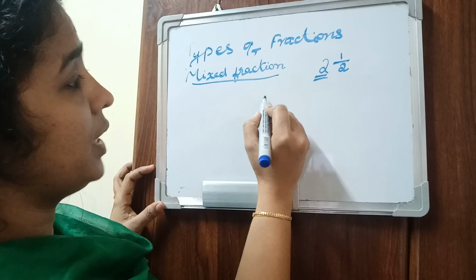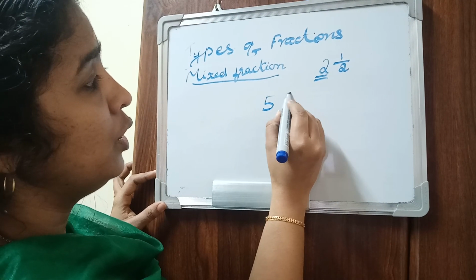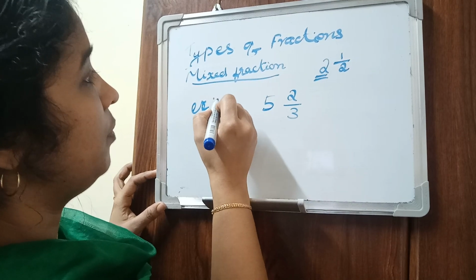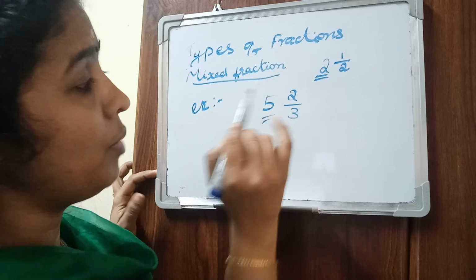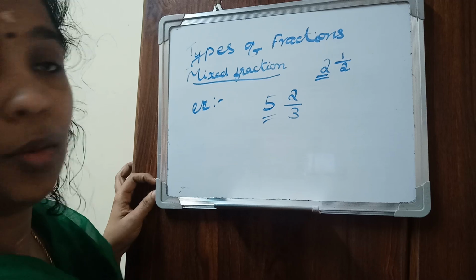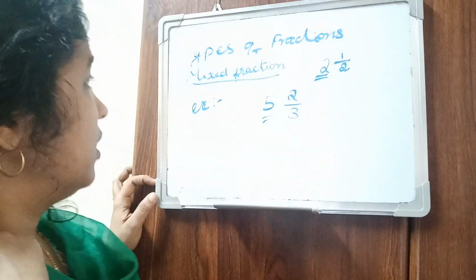Another example is 5 and 2 by 3. That means a whole number will be there and a proper fraction will be along with it. This is an example of a mixed fraction.